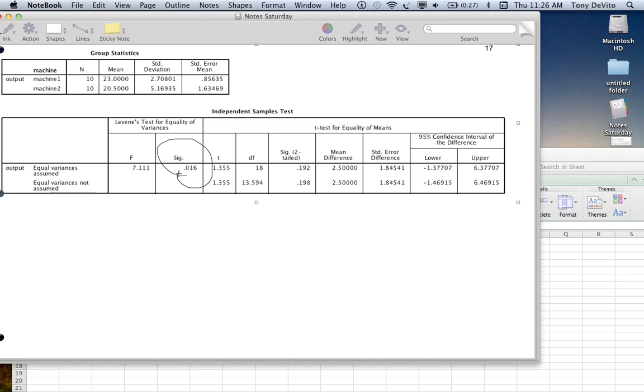In this case you reject the hypothesis that they're equal variance, so you use the second line because it's smaller than 0.05. Now if this value, the significance, is less than 0.05, you reject the null hypothesis and accept the alternative. But if it's not less than 0.05, you fail to reject the null hypothesis. I'll make up a little note that if you just key in on that and look for that.